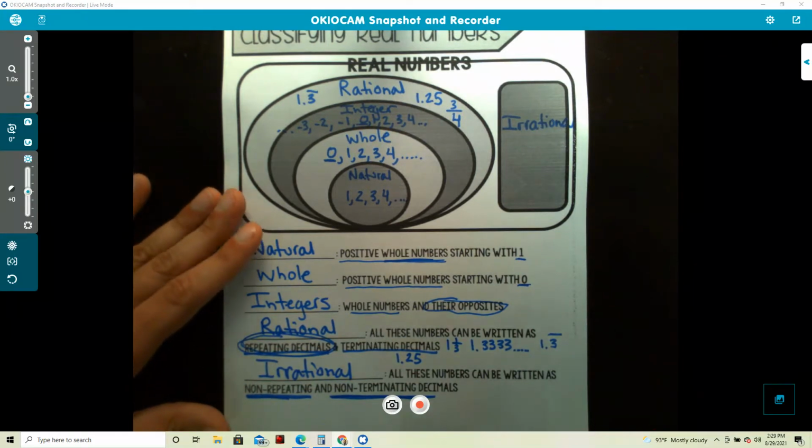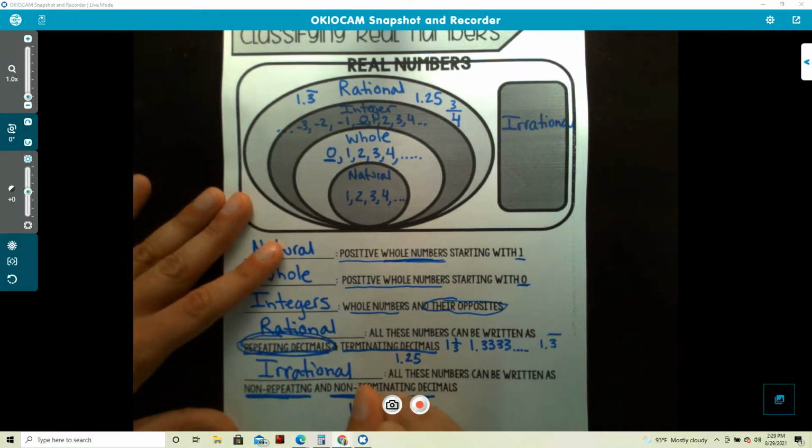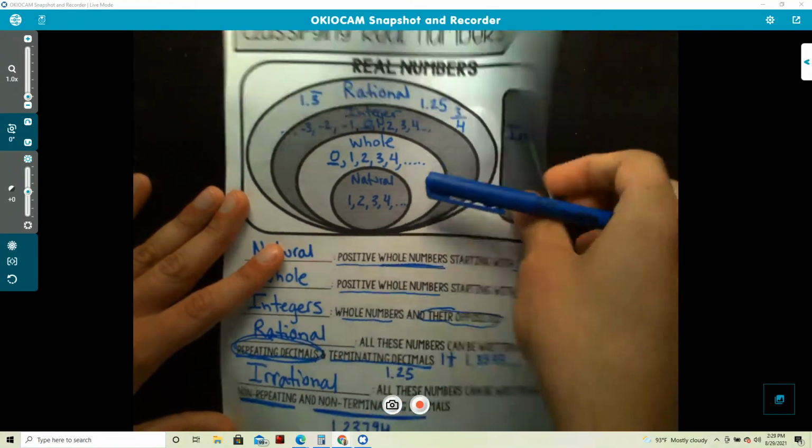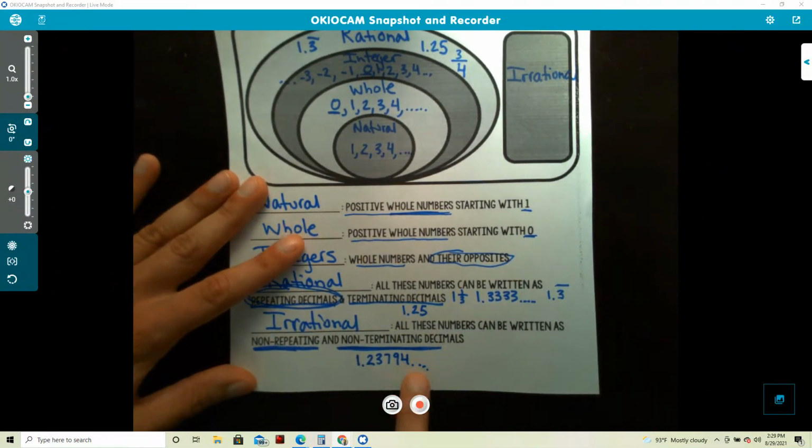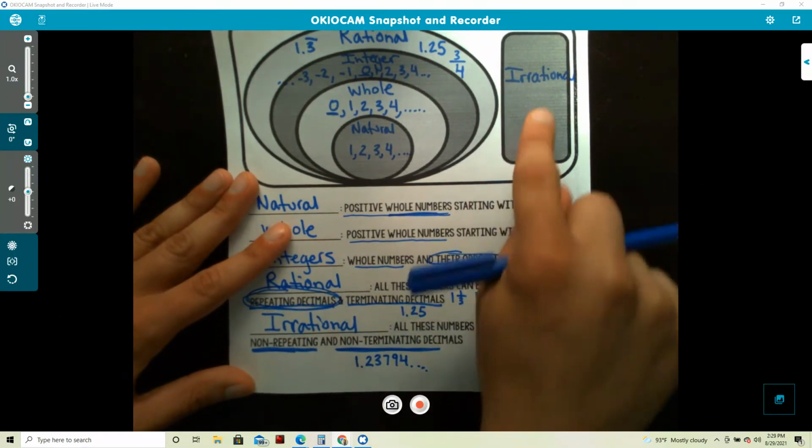So such as 1.23794 and so on. If you ever see these three dots, which is called an ellipsis, that means that the numbers go on forever. So if they're not repeating, if you don't see a bar and the numbers are just continuously going on, that means it's an irrational number.